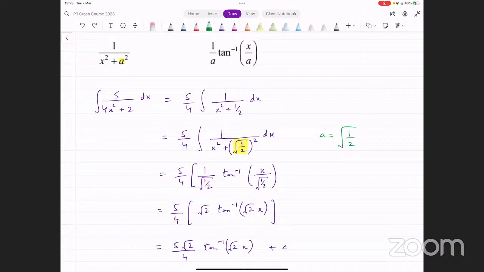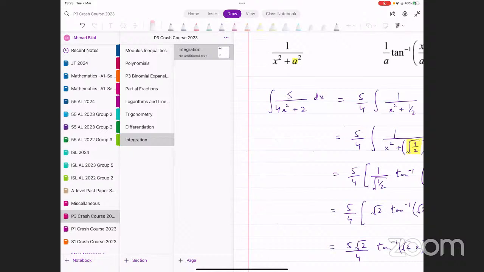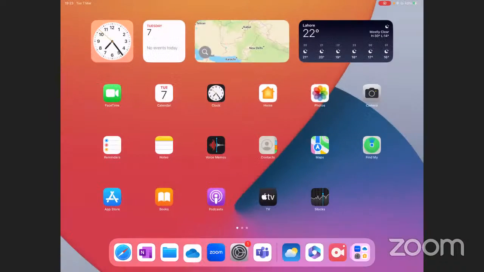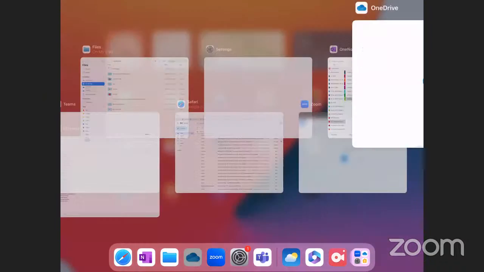Now, there's another rule that is simpler in some particular situations. So in the formula sheet, you're given this rule, right? This is the rule that you're given for integration in the formula sheet. Let me actually show that to you quickly as well. This is how the formula sheet looks.